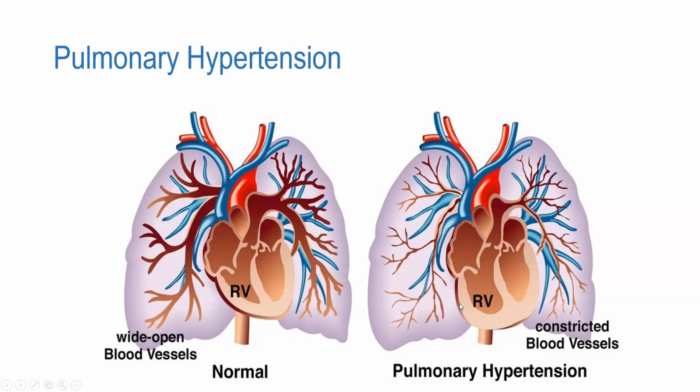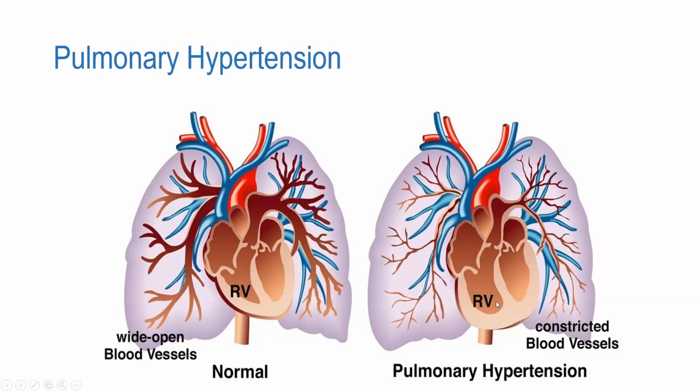That takes time. So you don't see RV hypertrophy immediately after a pulmonary embolism. But patients that you see with pulmonary hypertension typically have a chronic disorder and they have RV hypertrophy.